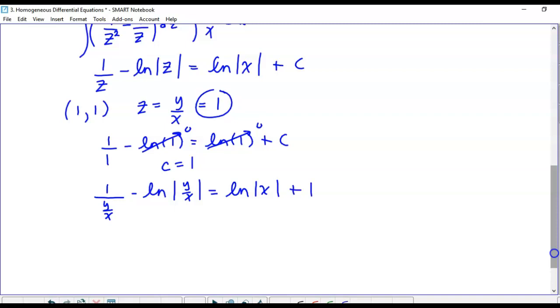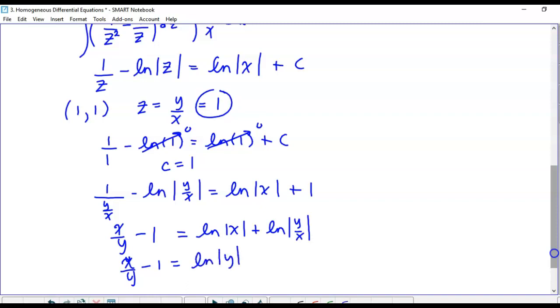Let's bring the lns together. This is going to be x over y. I'm going to subtract 1 equals ln of x plus ln of y over x. And so when we multiply those together, we get ln of y.